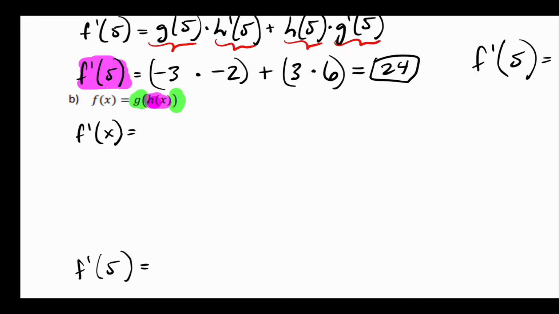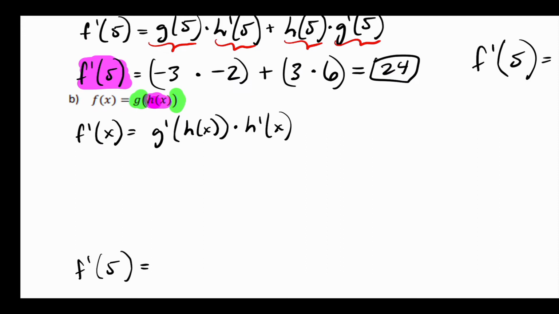Well, the derivative of g is just going to be g prime. Everything else stays. Times, now the derivative of the pink or purple, that's h prime. That's the derivative.